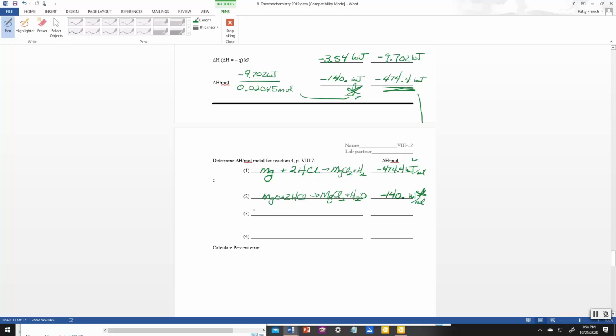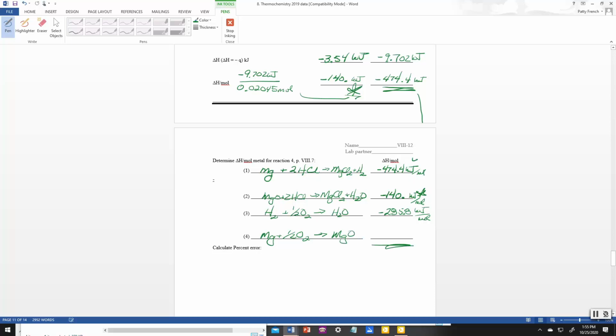And then we also used the formation of water from oxygen and hydrogen gas, which we were given. So now we have to figure out our target reaction: magnesium plus a half oxygen yields magnesium oxide.